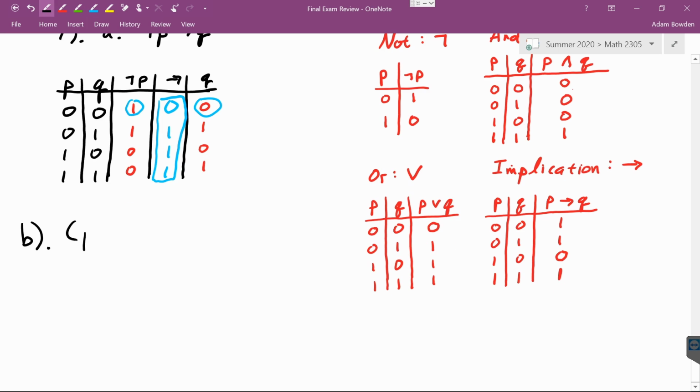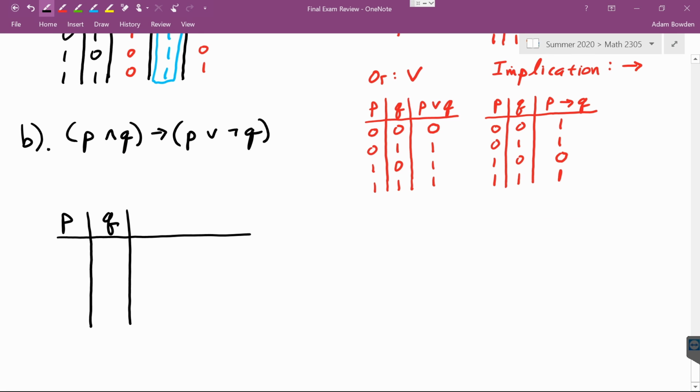Now if we look at another one here that goes P and Q implies P or not Q. So again, I'll start by laying out the operations that we have here.